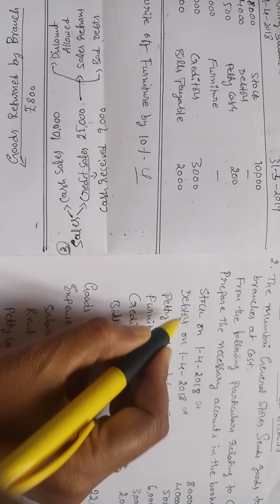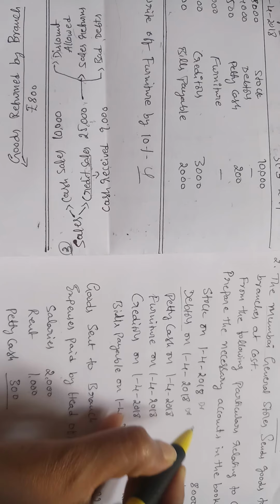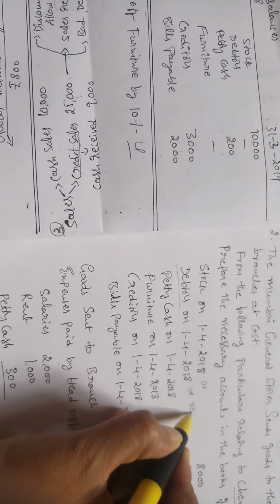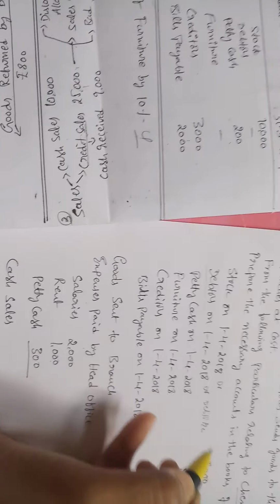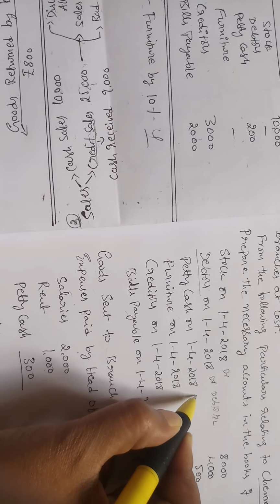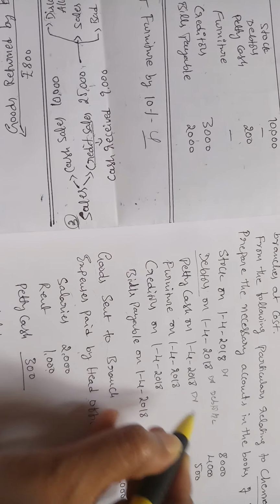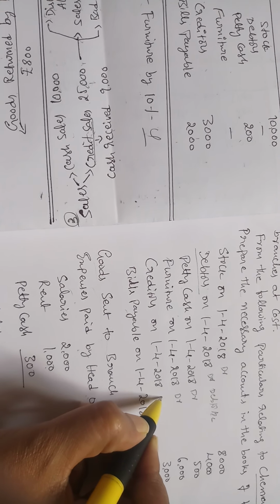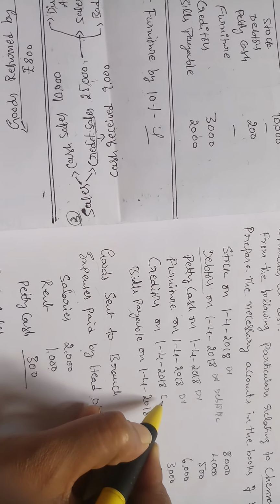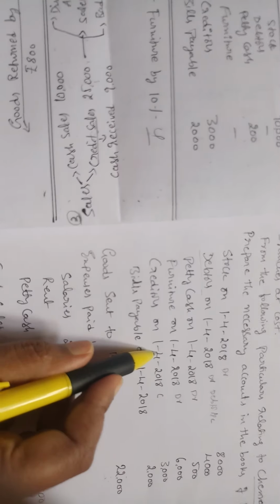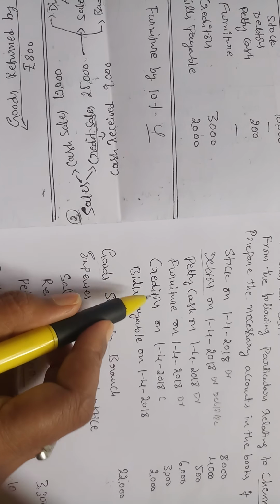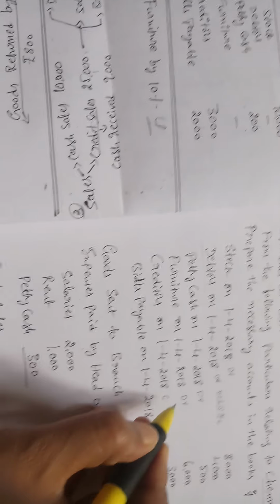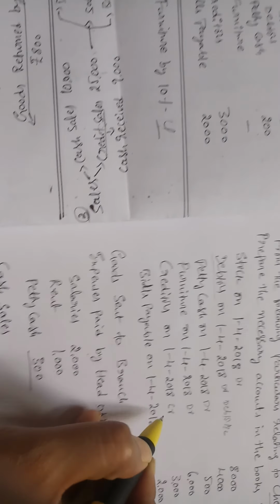Debtors account, debit side. Petty cash is also on the branch account debit side. Creditors, however, like opening stock, will be taken on the credit side, not the debit side, because this is a liability. That's why.